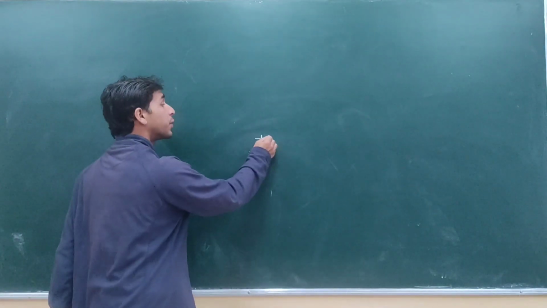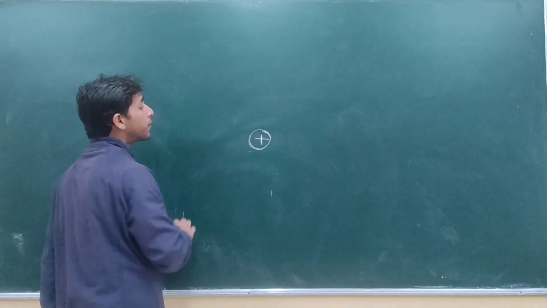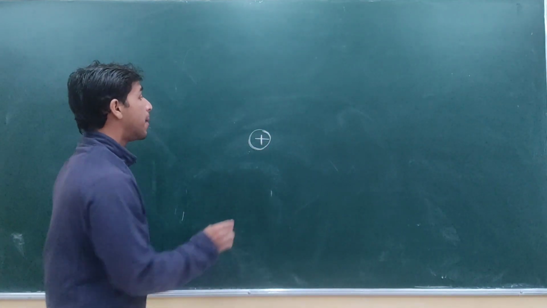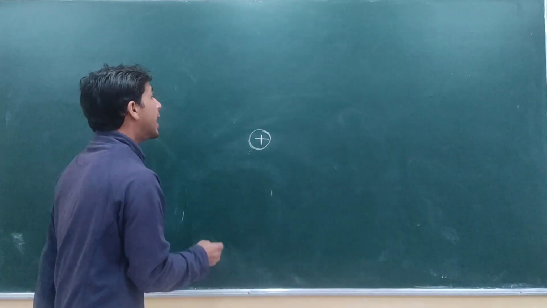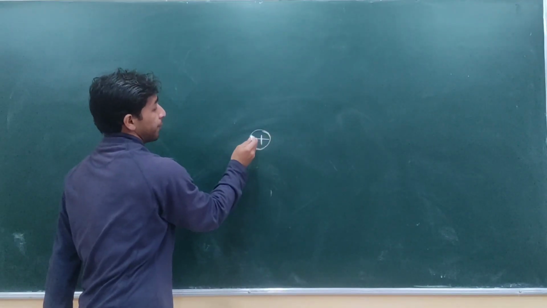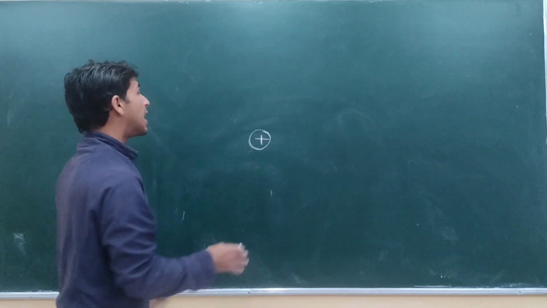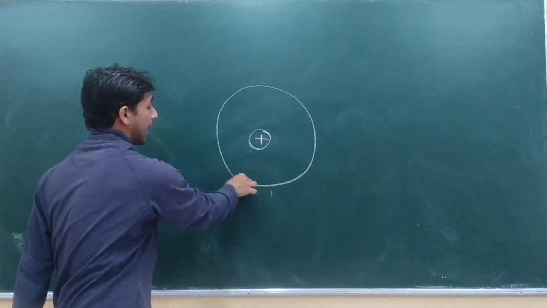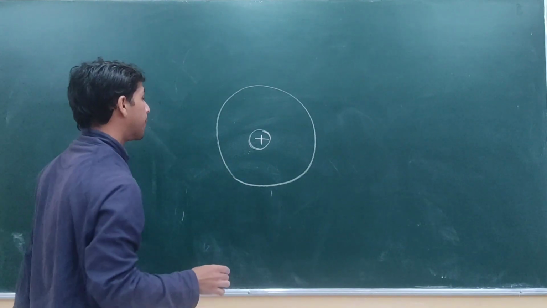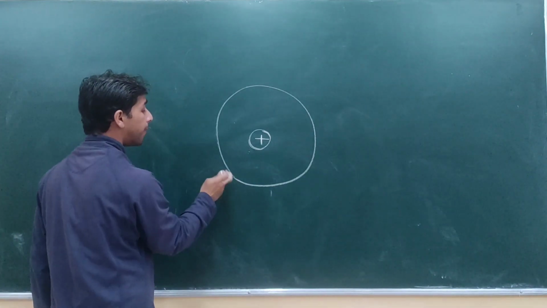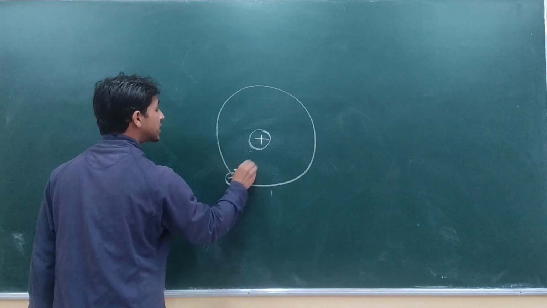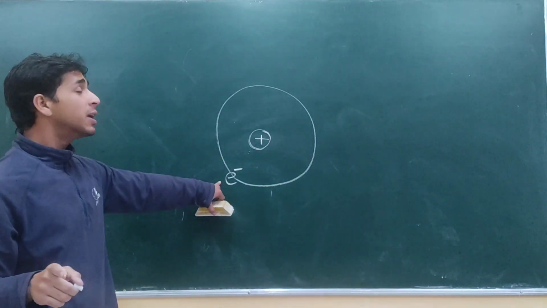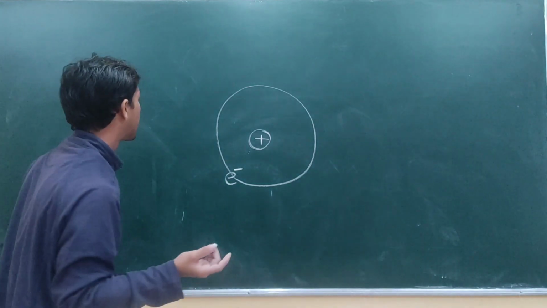For that, we have to consider an atomic model where a nucleus has positive charge inside it, and around this positive charge, electrons are circulating in a circular path. So this is the path where electrons are circulating, and you all know an electron carries negative charge.